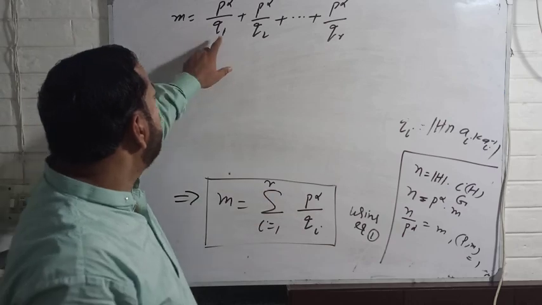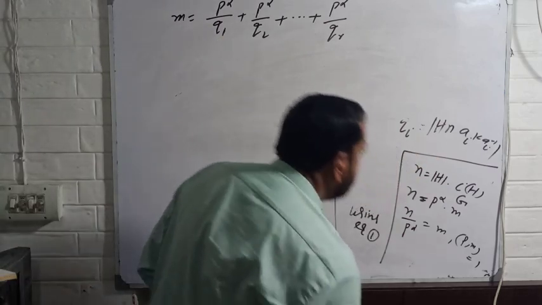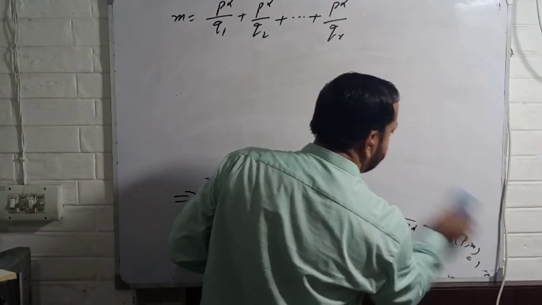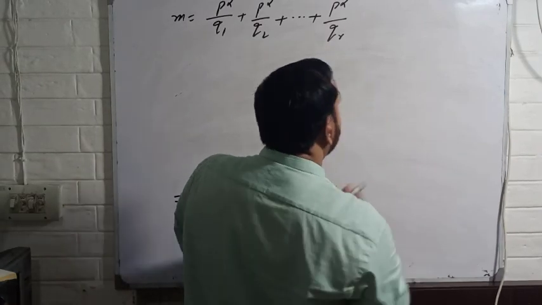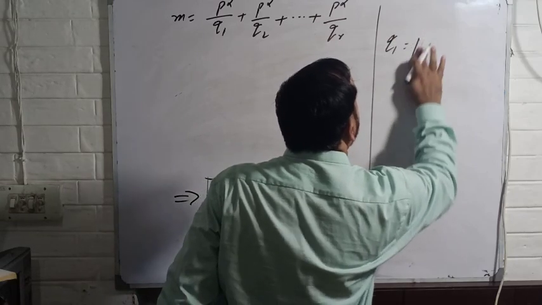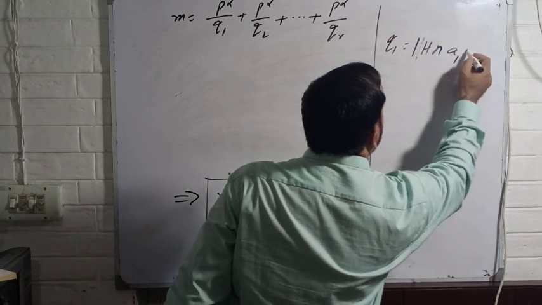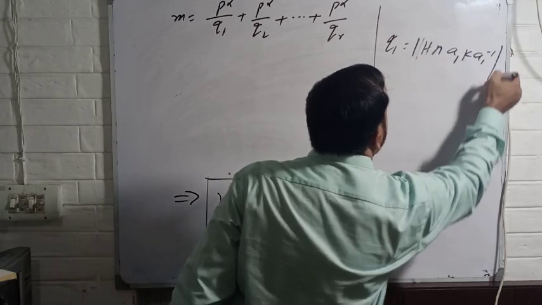Okay, now what is q1? Q1 is in fact, look at here to understand. The order of q1 is in fact the order of H intersection A1KA1 inverse.